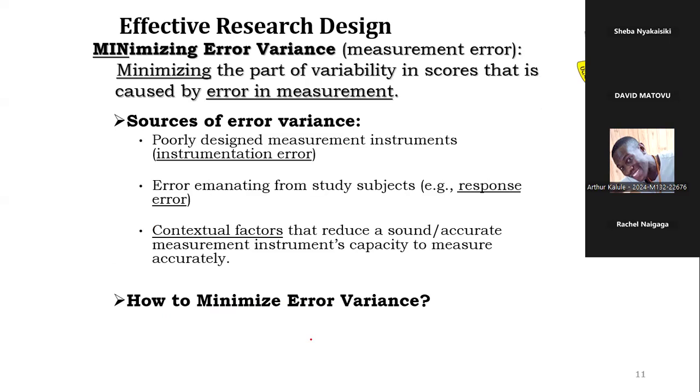So where would we expect errors? One is a poorly designed instrument, your questionnaire or your survey tools. If it's poorly designed, it will cause errors. So designing a very good questionnaire is really key.